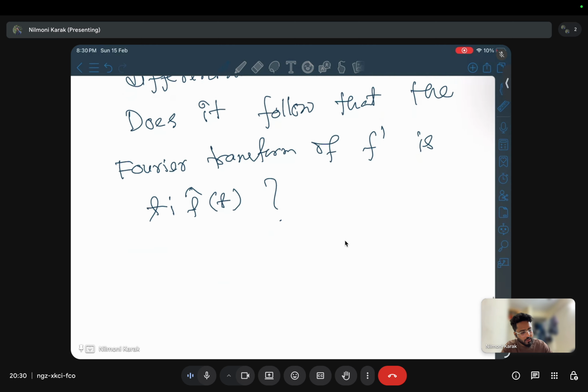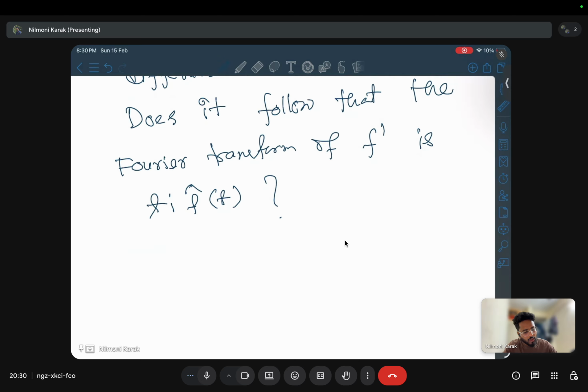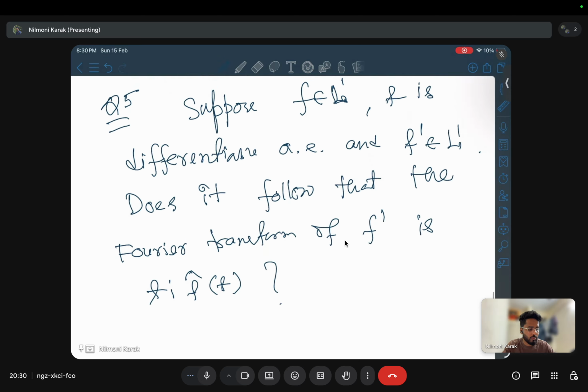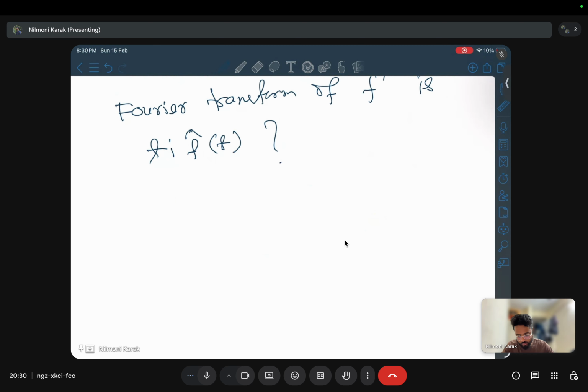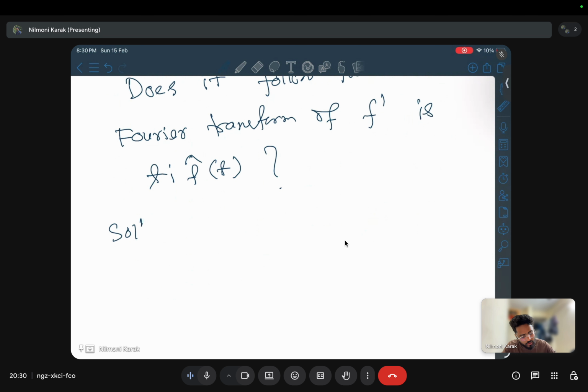In general, this is not true. So f should be in a square space, then it is true.